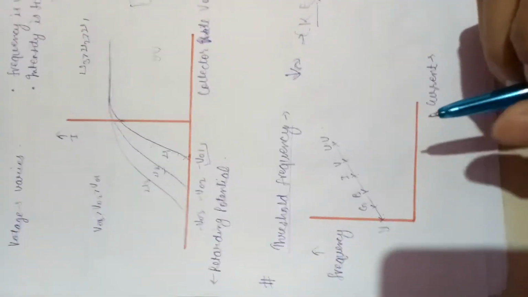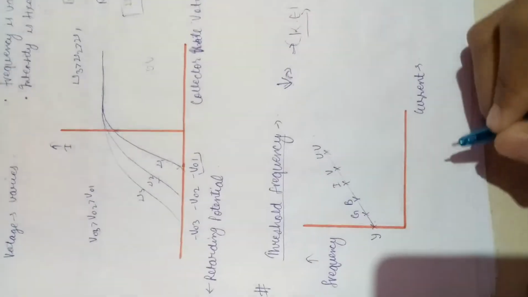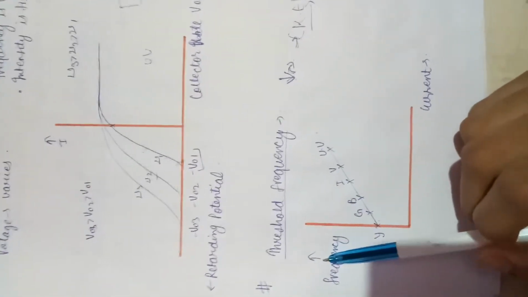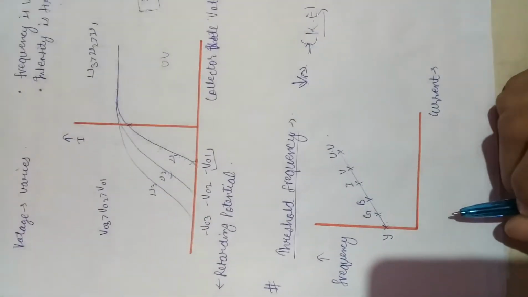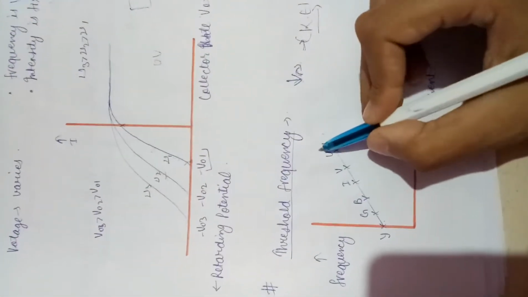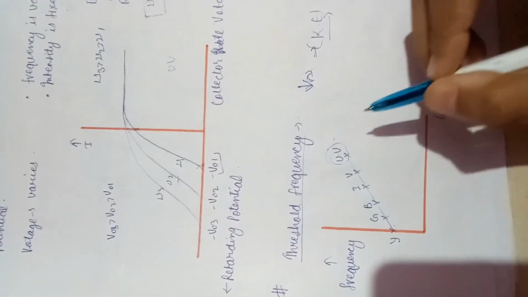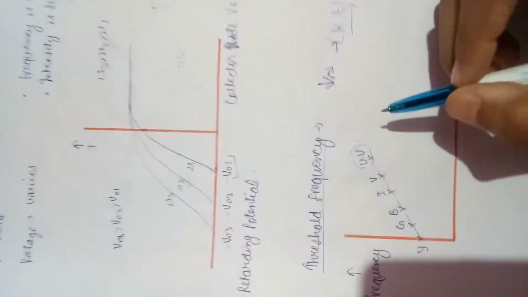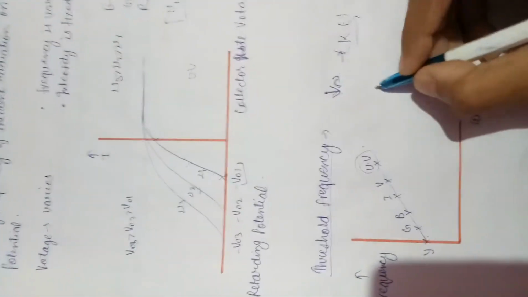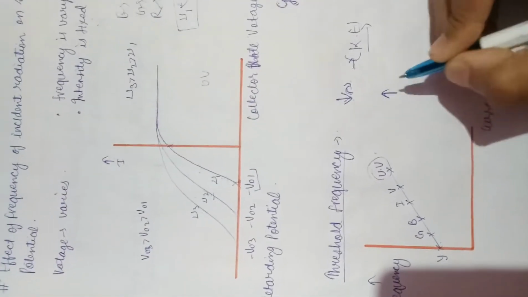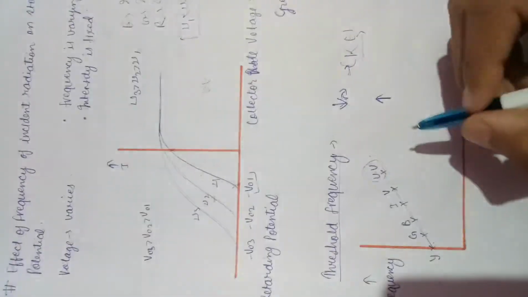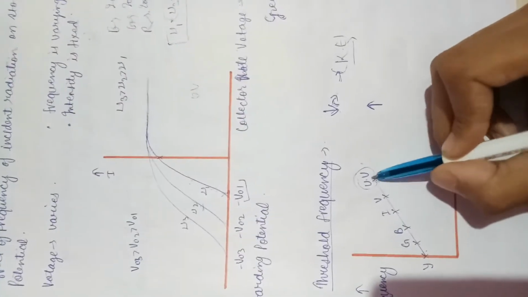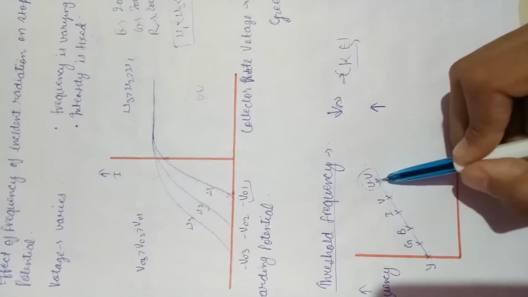Now let us understand this threshold frequency using this graph. We have plotted this graph between frequency and current. What happens if I am using ultraviolet radiation? We use ultraviolet because the frequency of the ultraviolet region is the highest. So with the highest frequency, we get some current.